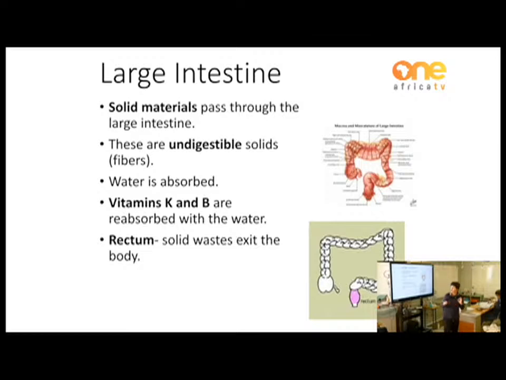Your absorption of your vitamin K and B is not well. It's also egested or defecated with the feces. And you dehydrate. You have pain because sometimes it causes pain. And that is why diarrhea is not a good thing to have.